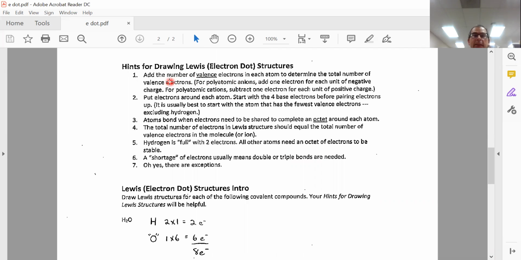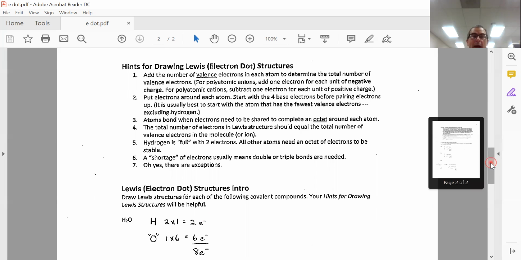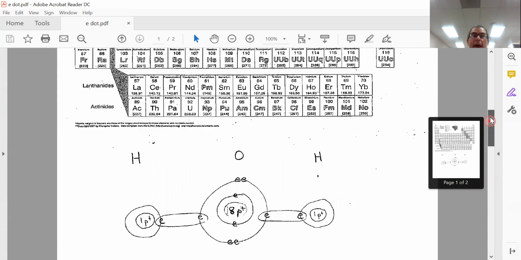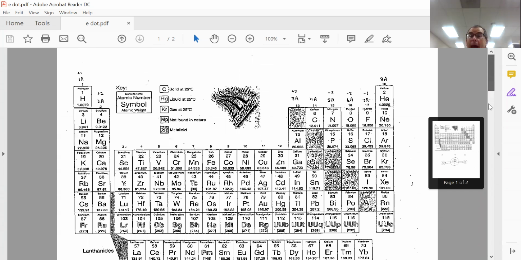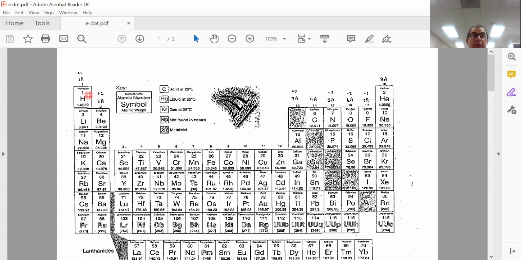So the first thing it says is add the number of valence electrons, that's the outer shell electrons, in that we have. So hydrogen has 1 valence electron, for a total of 2 electrons, because there's 2 of them, and oxygen has 6 valence electrons. Valence electrons are the electrons in the outer energy level, excluding filled d or f orbitals, and that would actually mean the same as a family number. So this family will have 1, this family will have 2, including hydrogen.